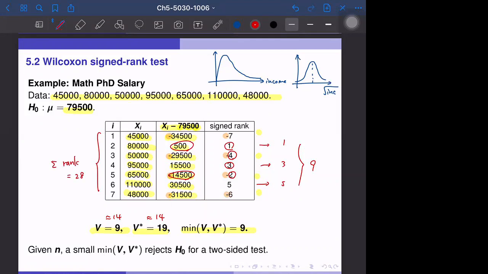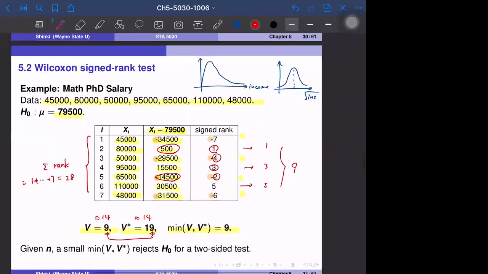That is 1 plus 2 plus 3 up to 7, if we ignore the sign. So if V and V asterisk are both around 14, probably Xi is distributed around 79,500. But if we have some bias, like 9 and 19, then we are more likely to reject the null hypothesis that Xi is centered at 79,500.